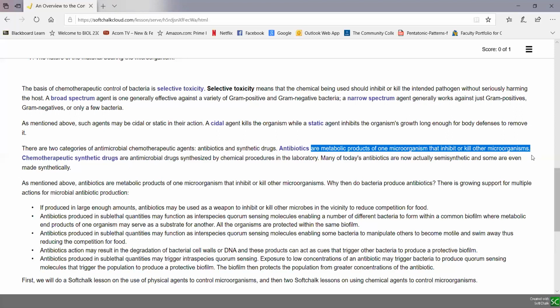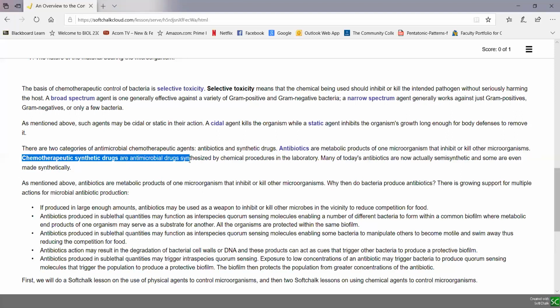So we do know there's some microorganisms out there in nature that secrete these chemicals that inhibit or kill surrounding microbes to get rid of their competition. We discovered that by accident, but that gave us one of the first ways to actually be able to treat infectious disease. And then chemotherapeutic synthetic drugs are antimicrobial drugs synthesized by chemical processes in the lab.